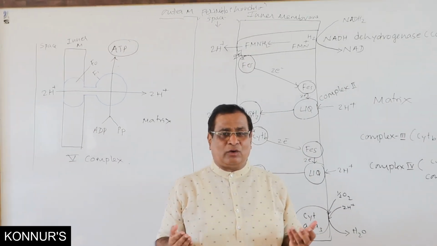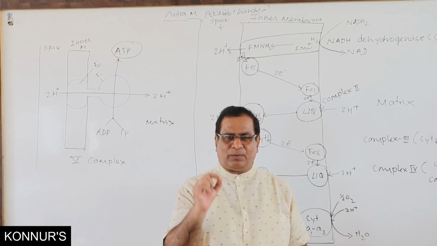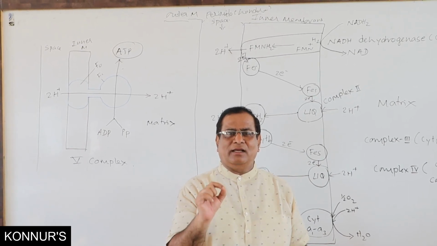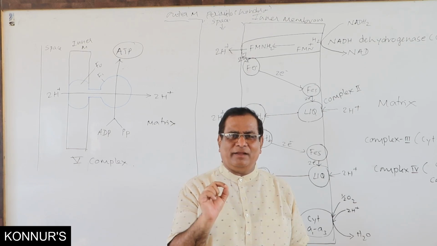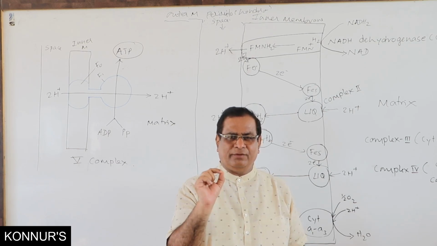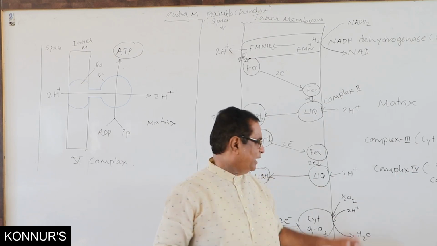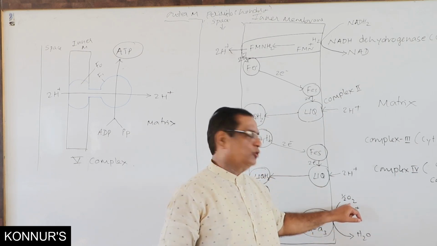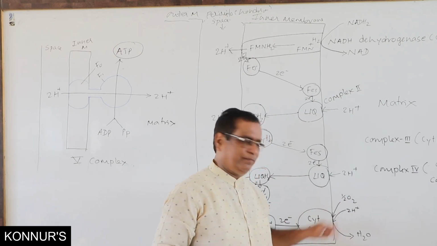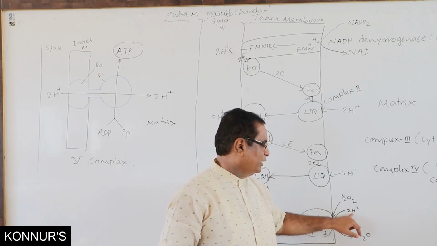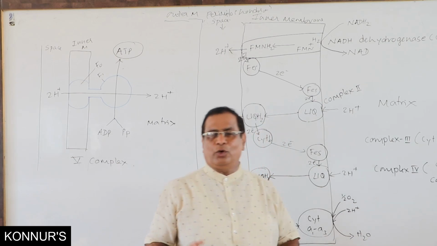They may make another question: in the electron transport system, which is the final acceptor of electron or terminal oxidant? The terminal oxidant is oxygen, which receives electrons and also reacts with protons in the matrix forming water.